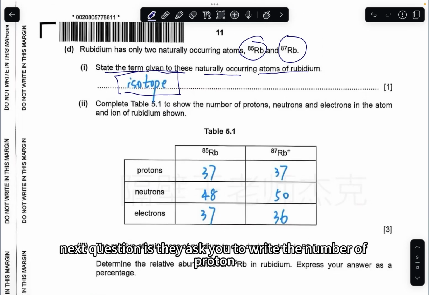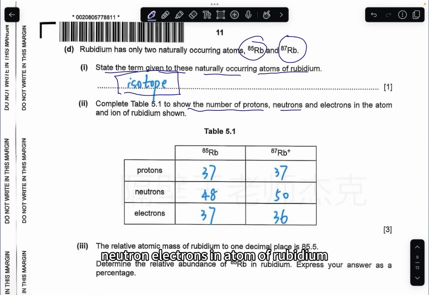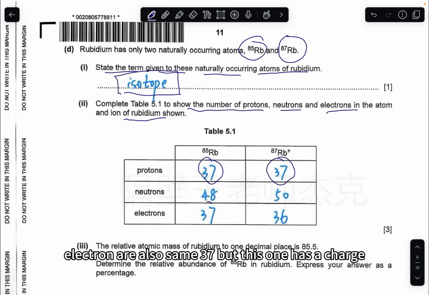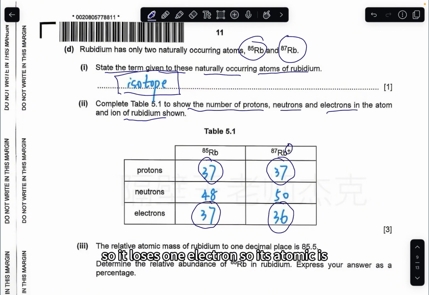Next, they ask you to write the number of protons, neutrons and electrons in an atom of rubidium. The rubidium atomic number is 37, so the number of protons is the same. Electrons are also the same, 37, but this one has a charge, so it lost 1 electron, so its number of electrons is 36.